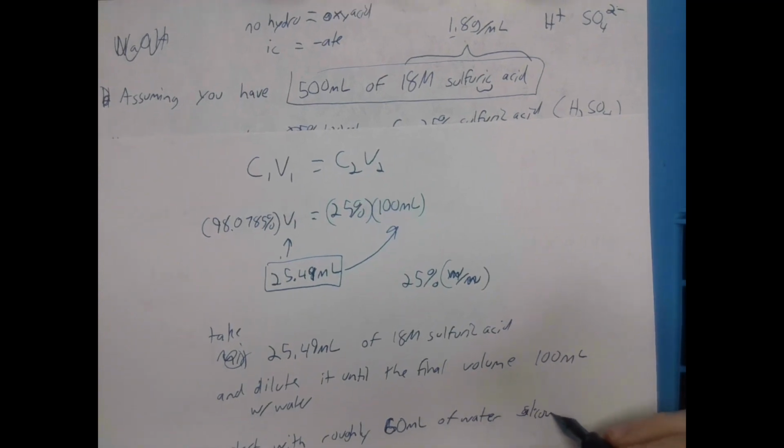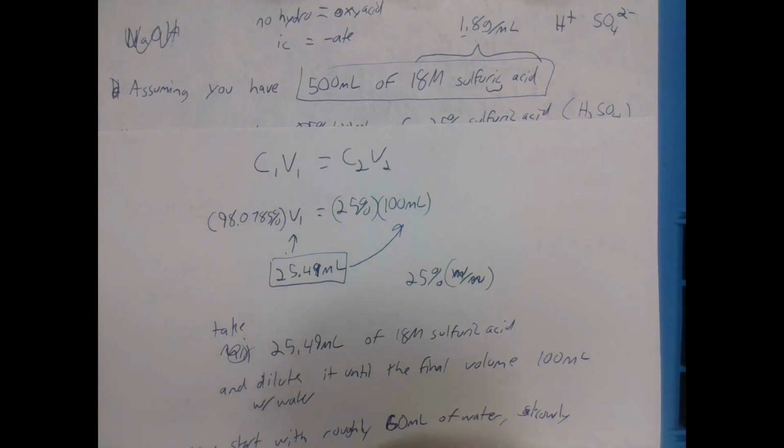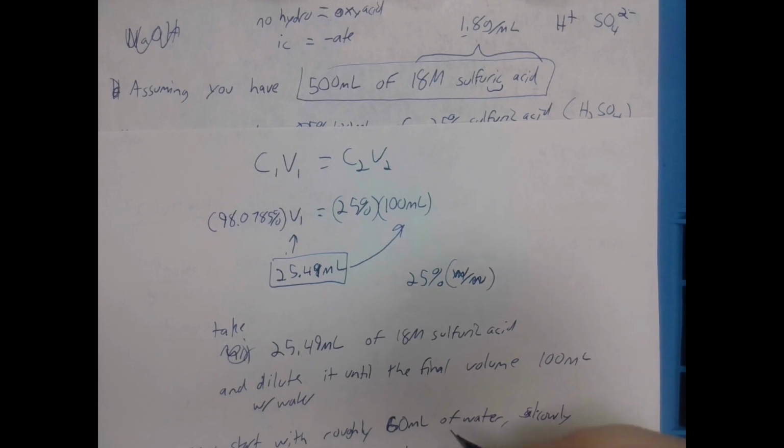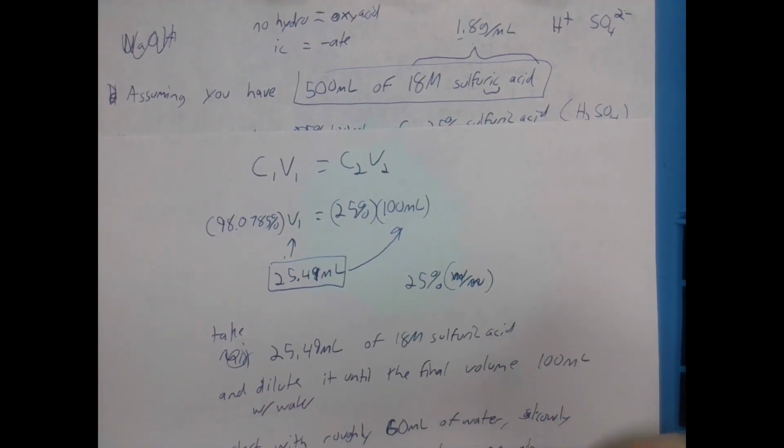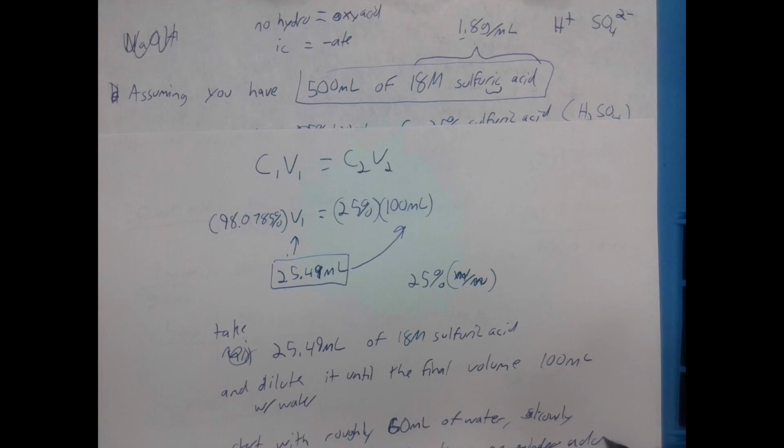Slowly add 25.49 milliliters of acid. Then add water until it gets to 100 milliliters, adding water slowly.